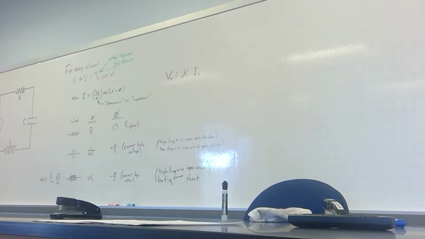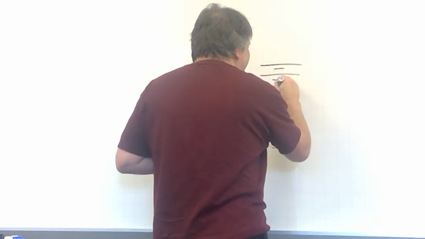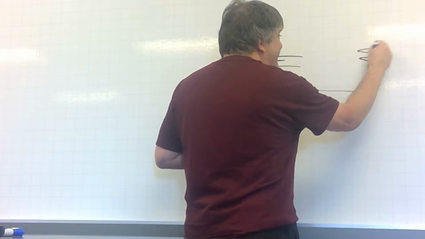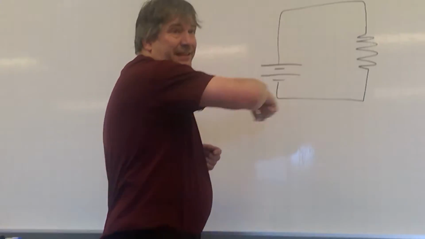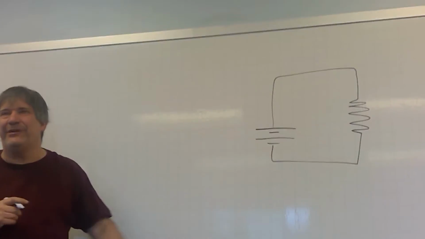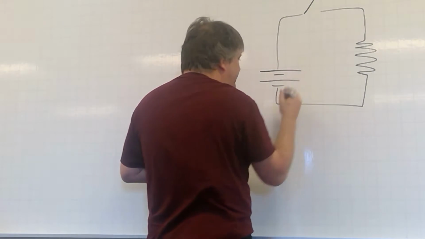An open switch can have a voltage drop across it. Here's a wonderful circuit with an open switch. I'll just take a battery, and say a single resistor, and tie them together like this so that if the circuit's connected, I've just got a steady current through that resistor. And then I open the switch.